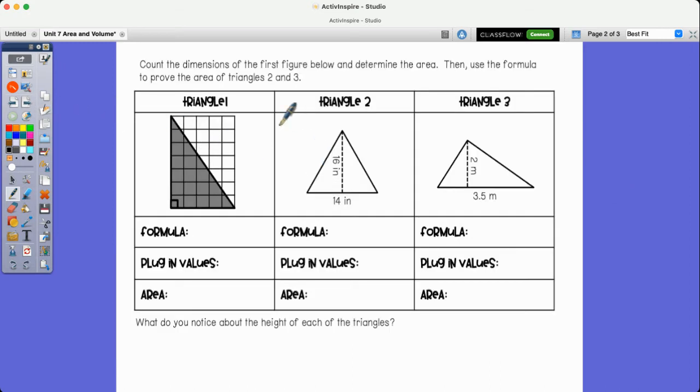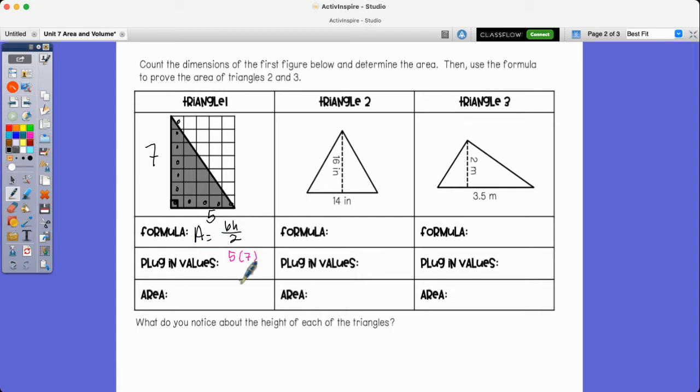We're going to start by counting the grids for triangle 1 and determining what the area is. So I have 1, 2, 3, 4, 5 is my base. And I have 1, 2, 3, 4, 5, 6, 7 is my height. Once again, our formula is area equals base times height divided by 2. So we're going to plug in those numbers. I have a base of 5, a height of 7.